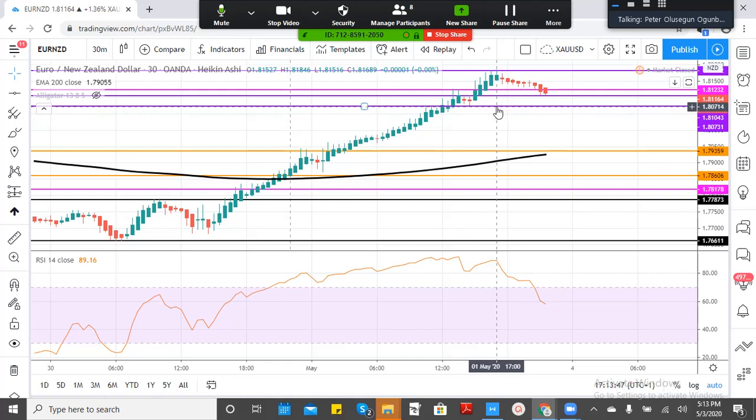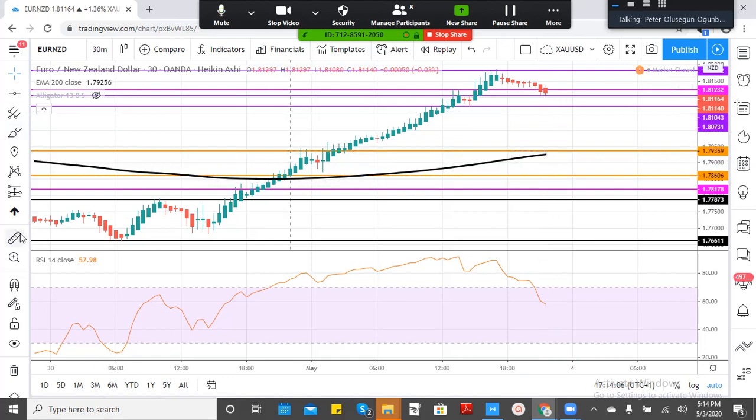It must break that level of 1.80731 and like 3 30-minute candles forming below here before you can now place my sell limit above it. So once it triggers in, it delivers me profit around there.